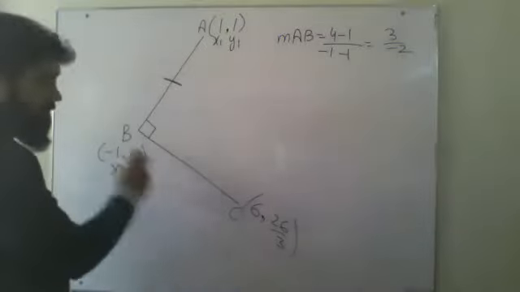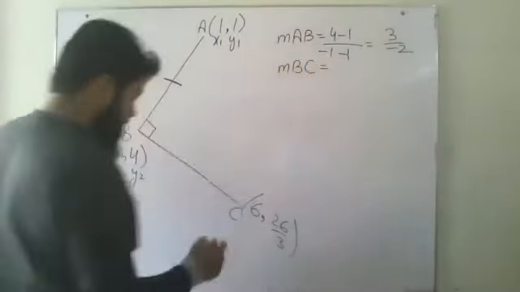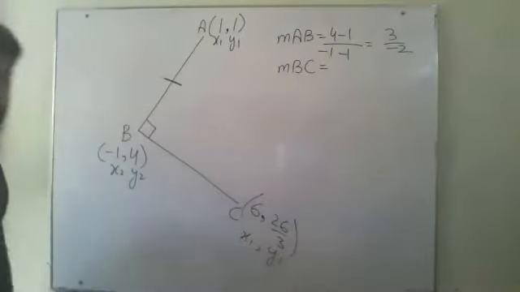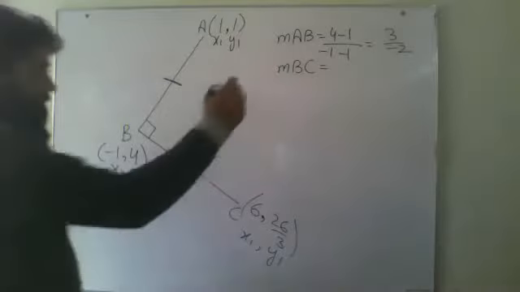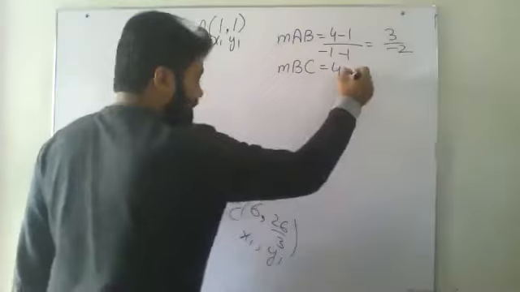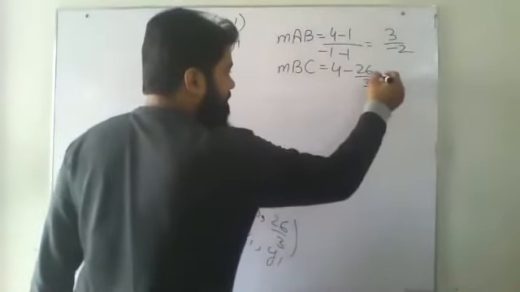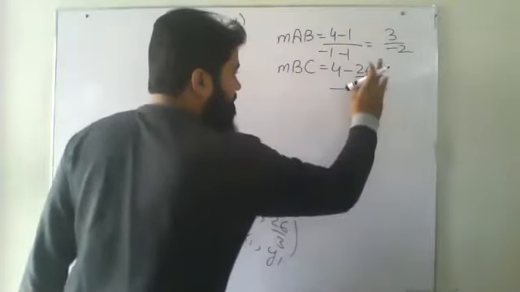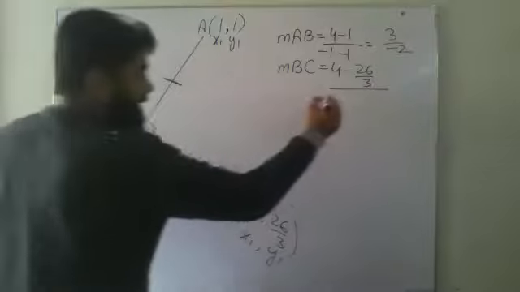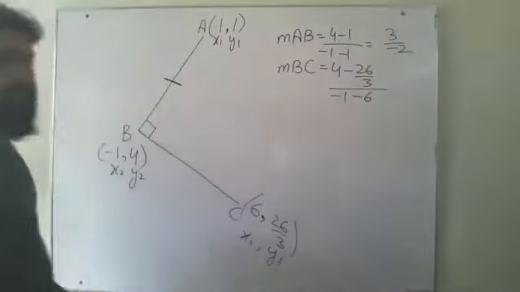Now I'm going for the gradient of BC, x1, y1. Right? So simplifying it, first of all, y2 4 minus y1 26 over 3 upon x2, that is -1, and x1 is -6.